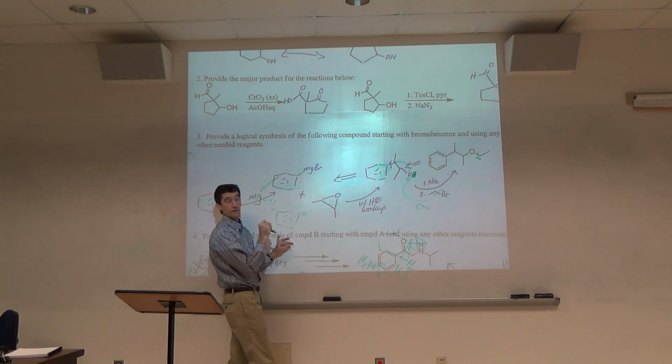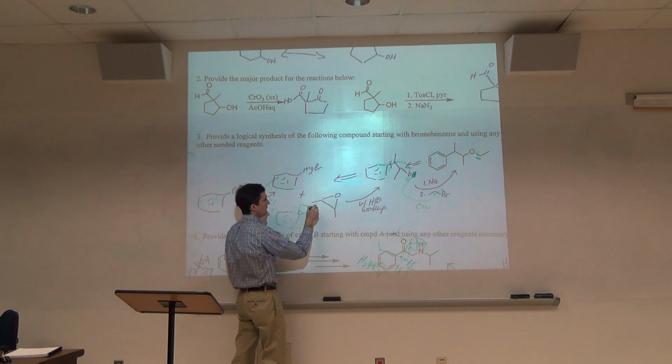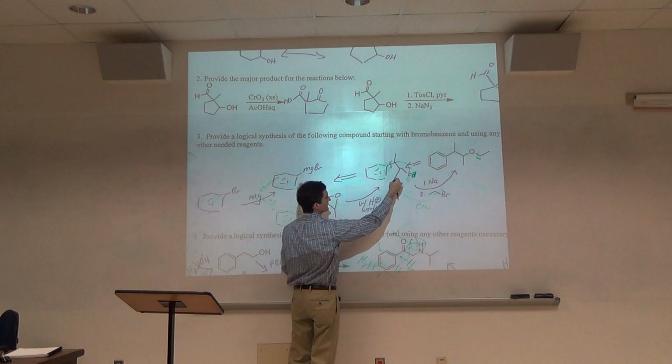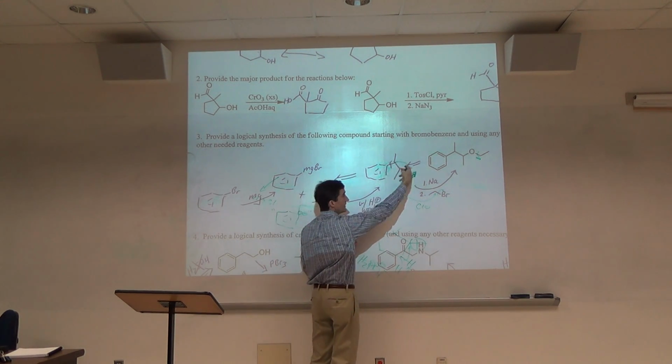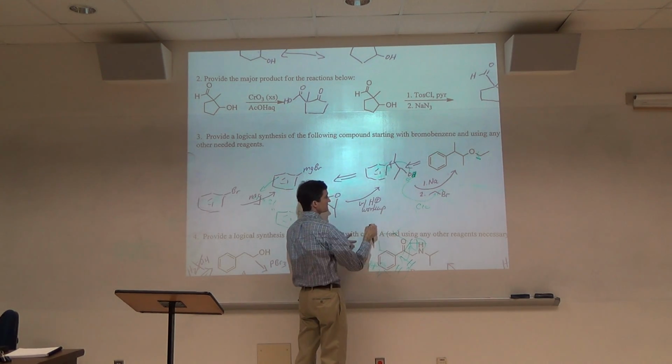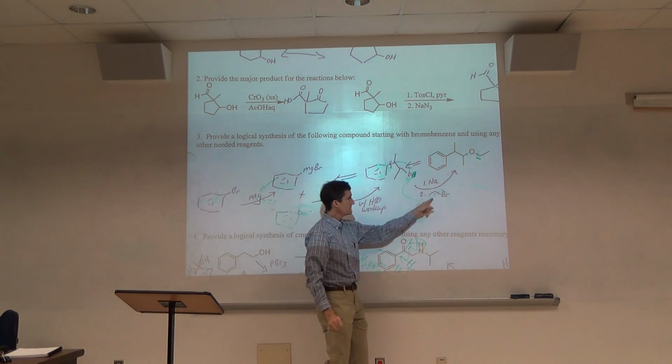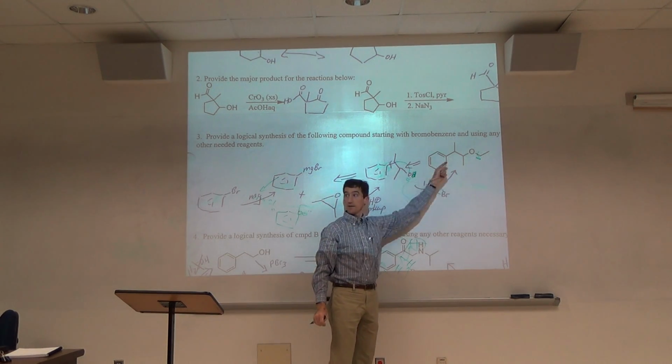It don't matter. Boom, kick it off. We get this, actually get that as an anion, right? If you want to put the H on, you have to throw in acid. Instead of throwing in acid, we could just throw in ethyl bromide and maybe get that.